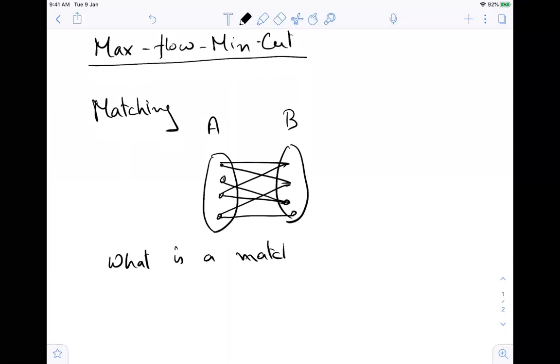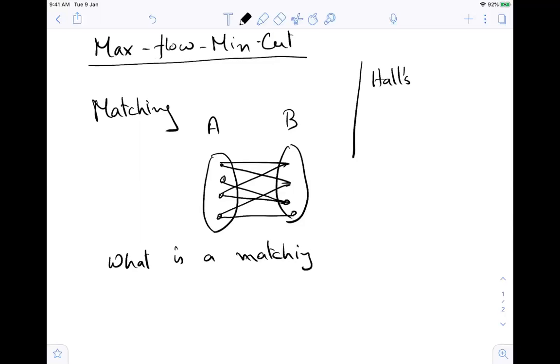How many of you tried to look it up on the internet? The question was about something called Hall's marriage theorem. How many of you have even looked at it? Sir, I looked at it. Yeah, you asked me this question, so you must have looked at it. Who else? I did as well, but I completely forgot the proof of the theorem, so the proof wasn't very clear.